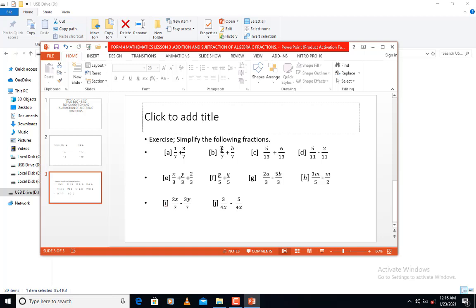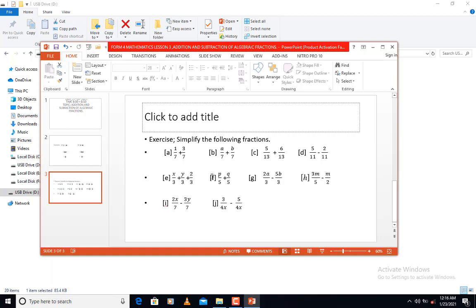In this case, it's A plus B over 7. If the denominators are the same, there is no need of finding the common multiple. But in this case, H, there is need for finding the common multiple. So can you try to answer all these questions?